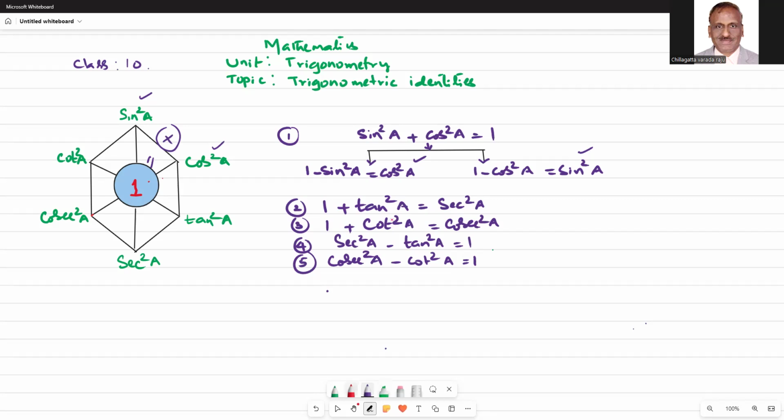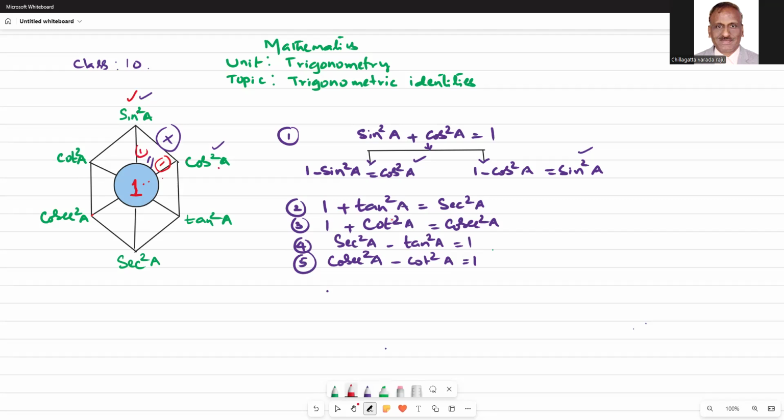Again, from this, how to write the sub-formulas: 1 minus cos square a is equal to sin square a. Similarly, 1 minus sin square a is equal to cos square a.